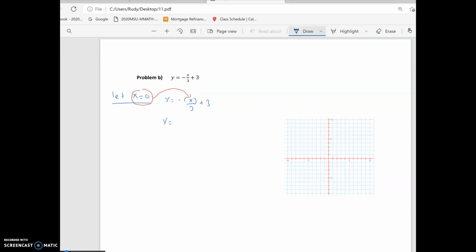This is y is equal to negative 0 divided by 3 plus 3, or 0 plus 3, or 3. Your y value is 3. Our x and y is 0, 3.